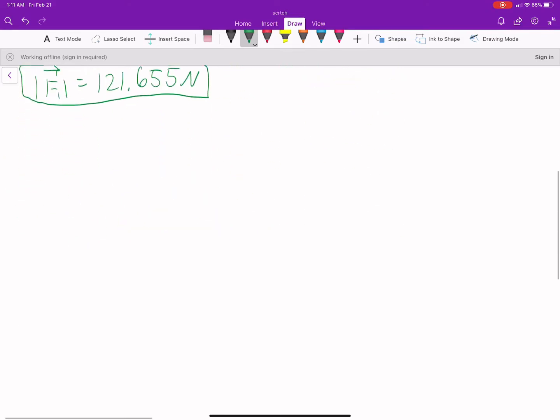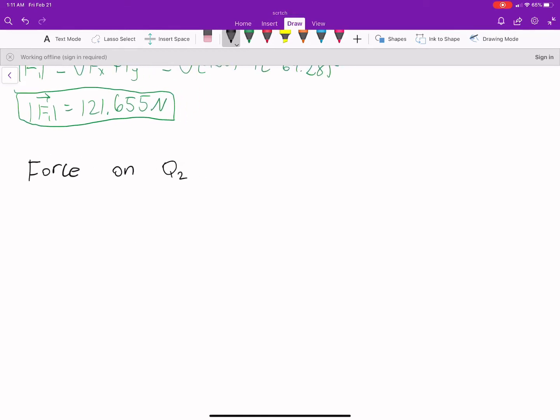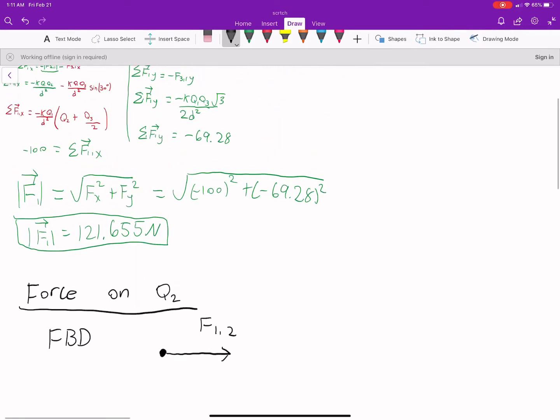Now what do we need to do? We need to do the force on Q2. So let's start by drawing a free body diagram. Again, just like how Q2 was pushing back on Q1, there's also a force that 1 is exerting onto 2.